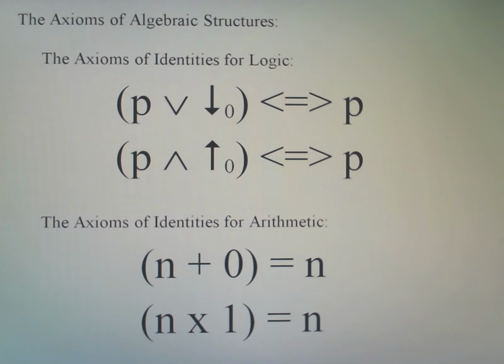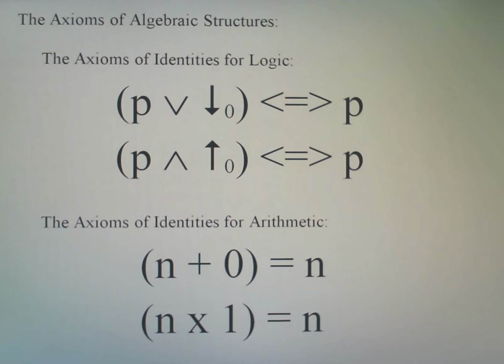If we use a collection of numbers, for instance, the real number line, and slightly different operators instead of or and, we use addition and multiplication, then we have another type of algebraic structure. In other words, arithmetic is a type of algebraic structure, as is Boolean algebra or propositional logic. And so I'm using here the rules of arithmetic, which I have to assume people are more familiar with, to illustrate the rules of logic.